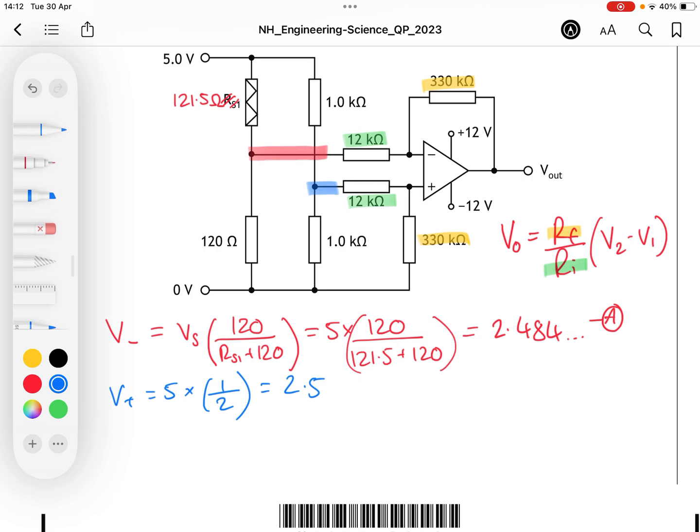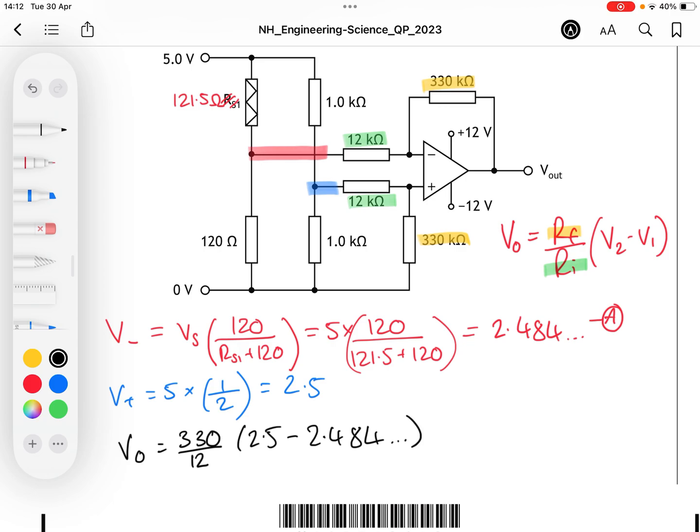So V out is equal to RF, which is 330, divided by RI, which is 12, because I'm working entirely in kilo ohms there, it's okay to keep them without adding all the zeros because it's a ratio. And then I'm just going to times that by V2, which in this case is the non-inverting, 2.5 minus the inverting, 2.484. Remember not to have rounded that number, folks.